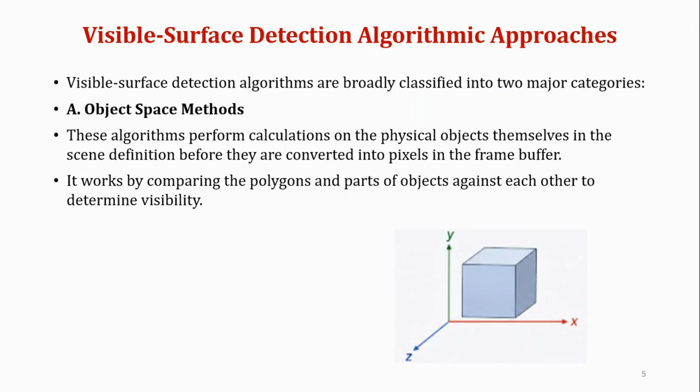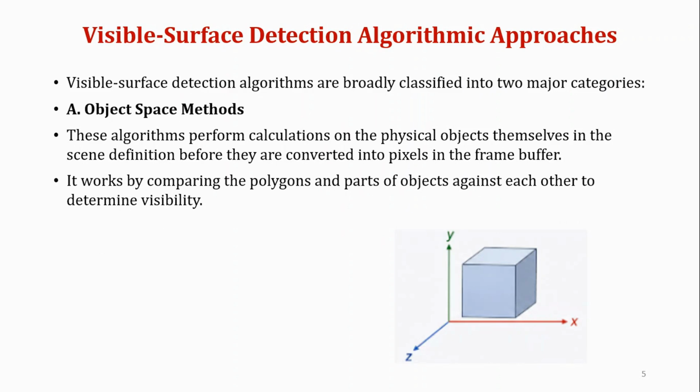Now, visible surface detection algorithms can be broadly divided into two categories. The first one is the object space method, and the second one is the image space method. First, let us see the object space method. In this method, visibility calculations are done directly on the geometric objects before they are converted into pixels.